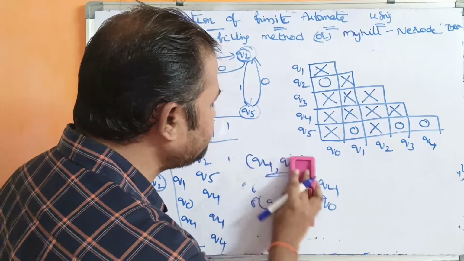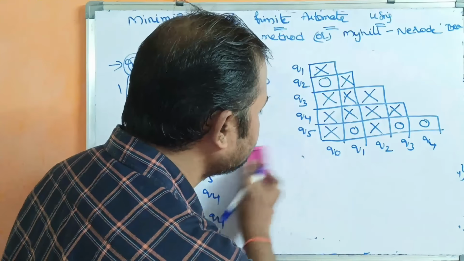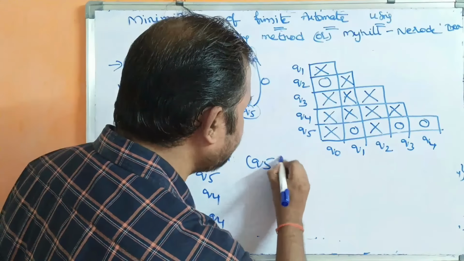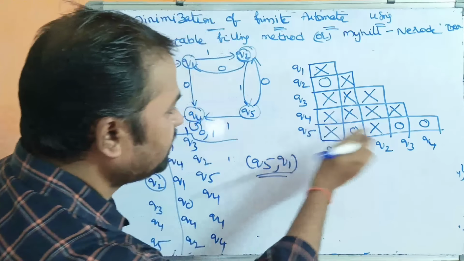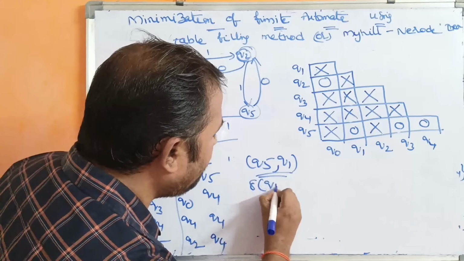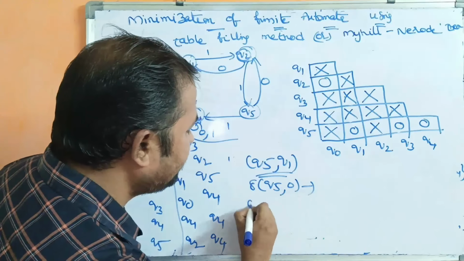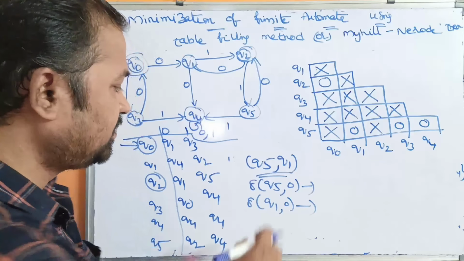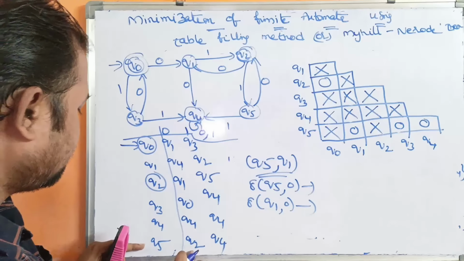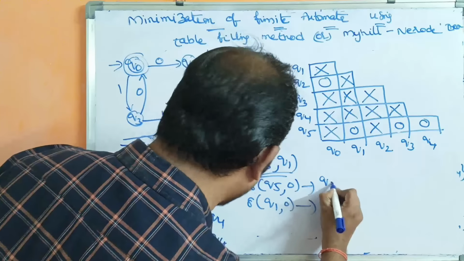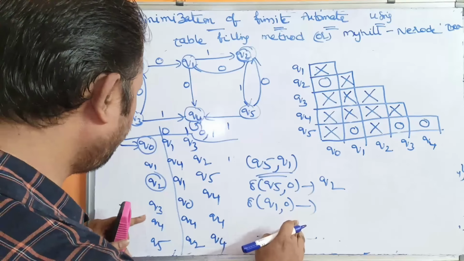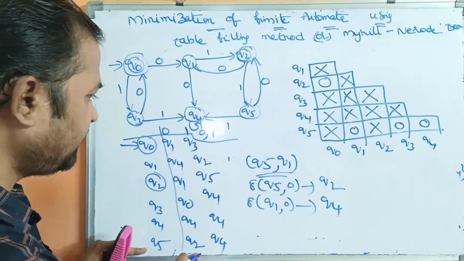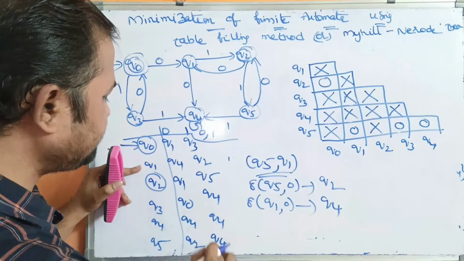Now let us see the next pair. The next pair is Q5, Q1. Let us check whether we can mark Q5, Q1 or not. Delta of Q5 comma 0, delta of Q1 comma 0. Applying the 0 symbol, Q5 on 0 means Q2, and Q1 on 0 means Q4.